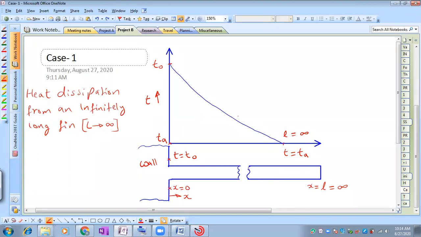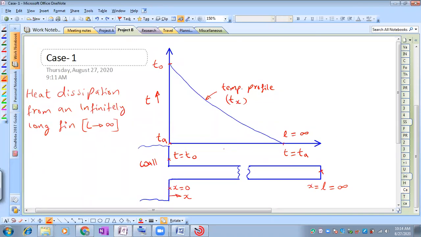This is called the temperature profile. Based on this temperature profile, when the length of the fin is infinity, the temperature at the end of the fin, at this point, is equal to the ambient temperature. Are you getting me?